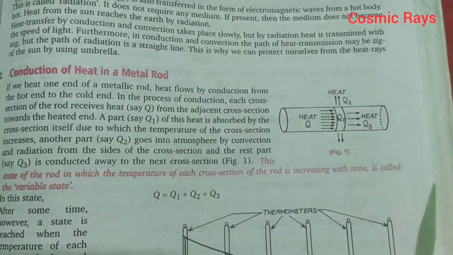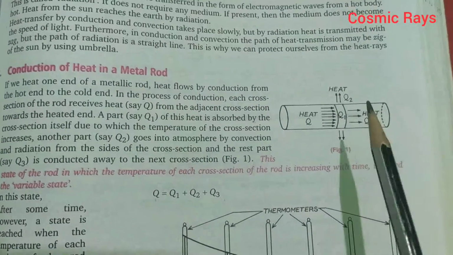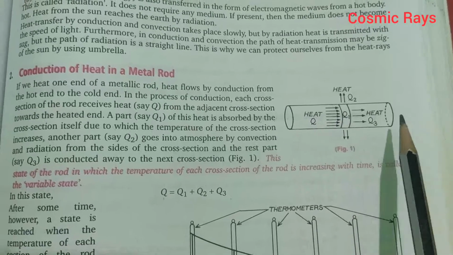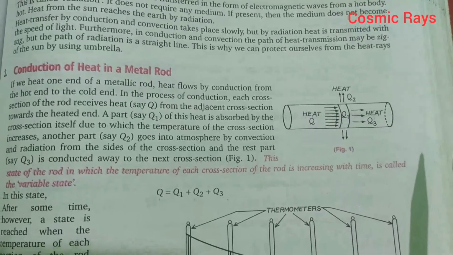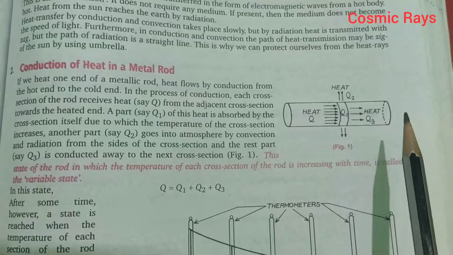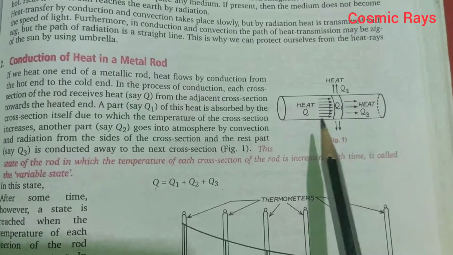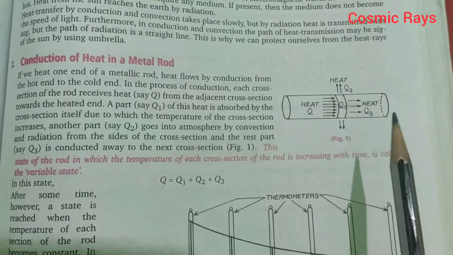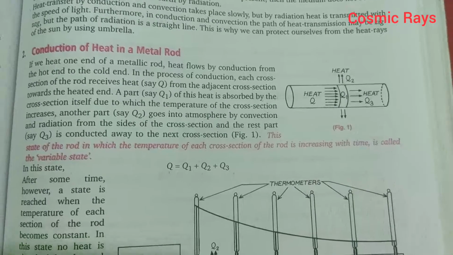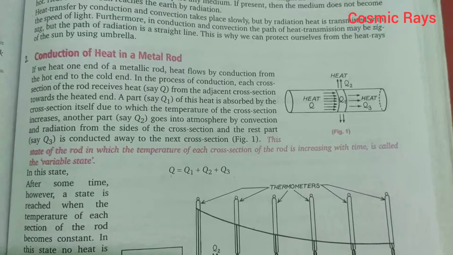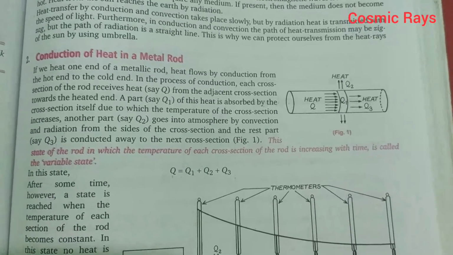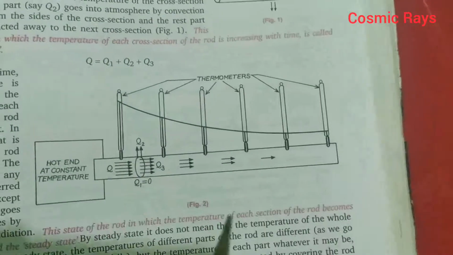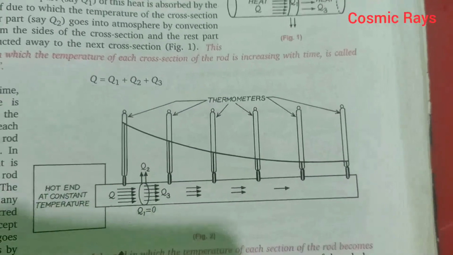Variable state is a state where the temperature at different cross sections of the rod keeps on increasing with time, and then there will come a state when this rod will reach its so-called steady state, where the temperature will not be the same at every segment, but the temperature will be constant for each and every segment. It will remain steady. That will be known as the steady state.